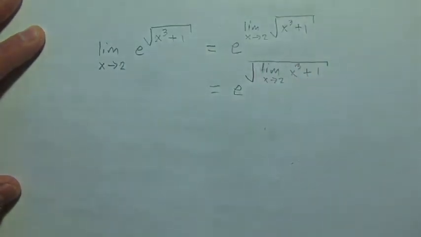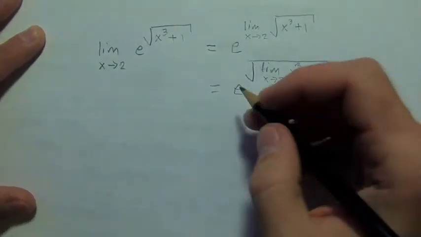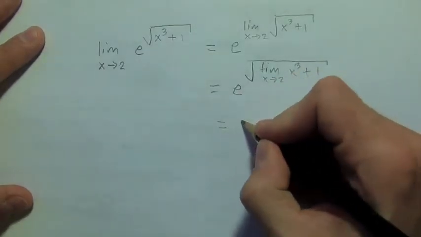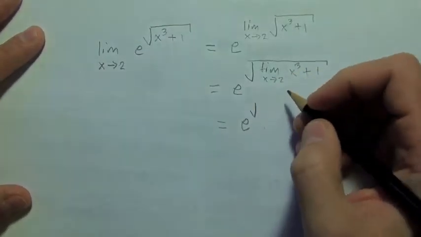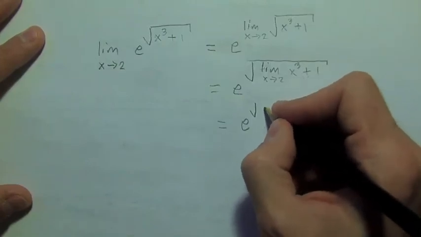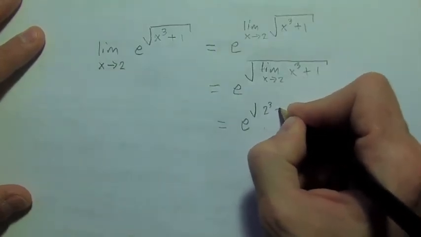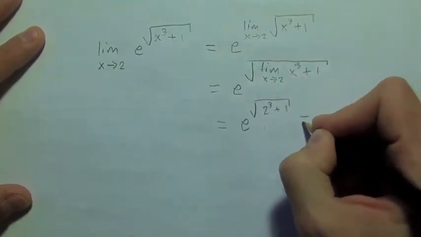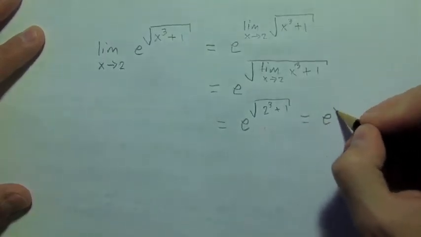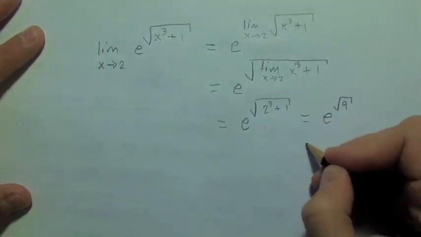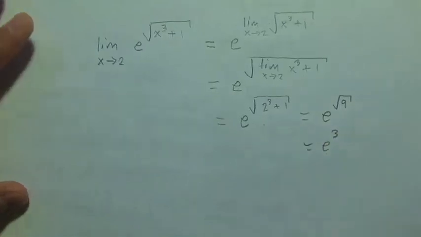And from here, well, now we can just plug in 2, right? So this will be e to the square root of 2 cubed plus 1, and we plug that in. So that will be e to the square root of 9, so e cubed.